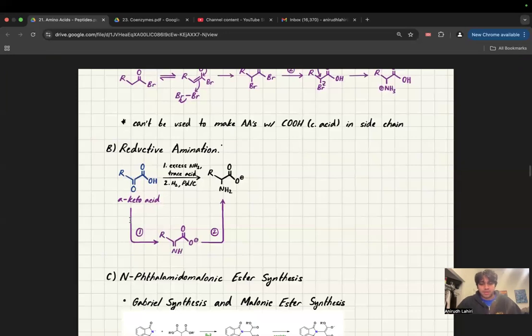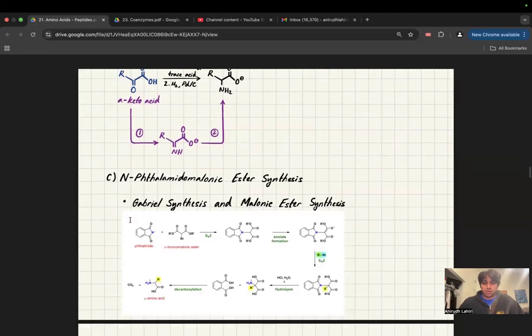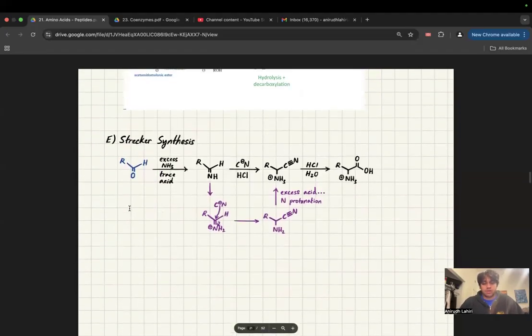So just keep in mind that understanding the mechanisms, again, is not fully required, but it does help you differentiate between syntheses that you can and can't do, and which R group specifically you could or couldn't install using what particular method. So let's go to Strecker synthesis. We start with an aldehyde, excess NH3, trace acid to install the amino group. Then we add a CN because we want to increase the carbon chain.